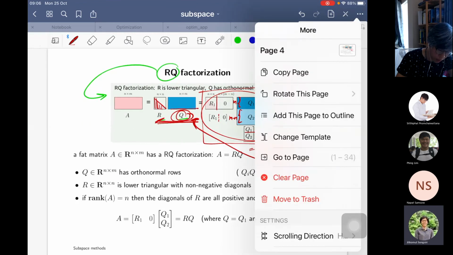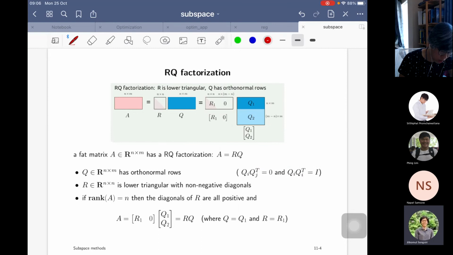In the full RQ factorization, we say that our Q has orthogonal rows.